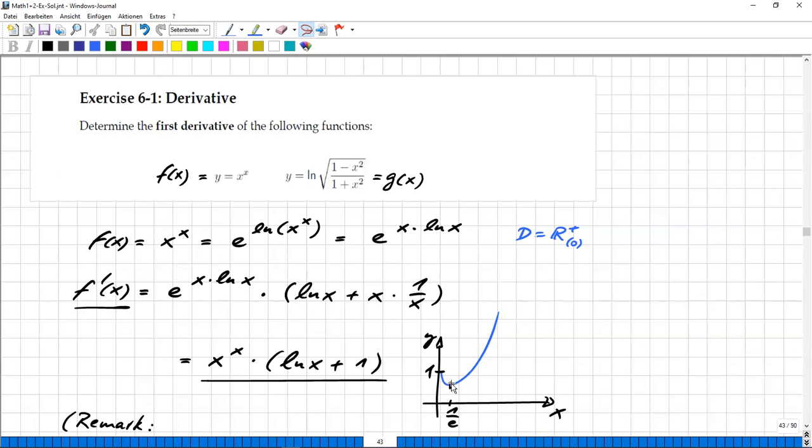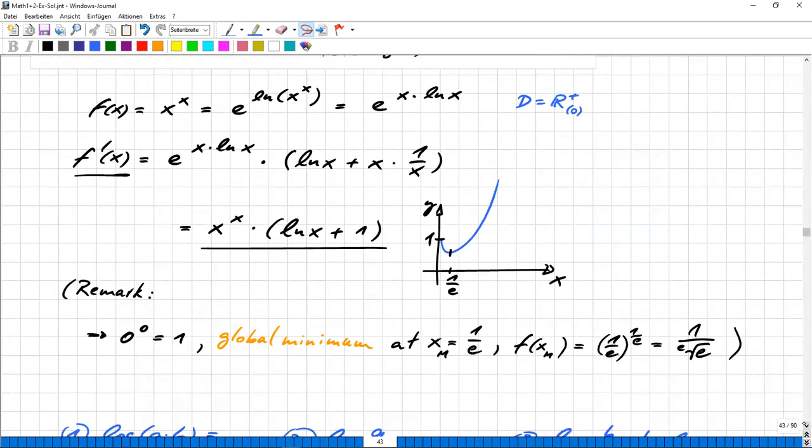Now, two interesting effects are, there is an absolute minimum to this function, which turns out to be positioned at x equals 1 over e. We can even easily calculate this absolute minimum value. We just insert 1 over e into the term, so we get 1 over e power 1 over e, which is, in other words, the reciprocal of the eth root of e.